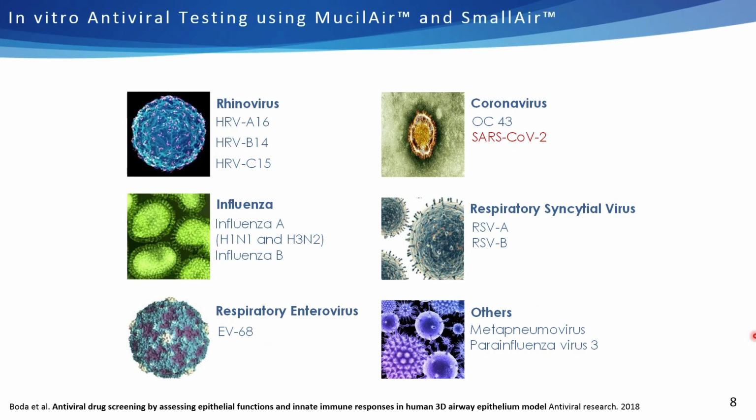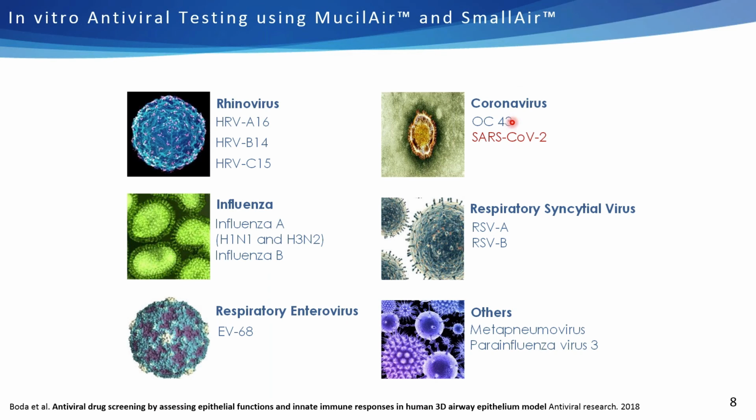So these models have been extensively used within the past 15 years for antiviral research, in the context of modeling, for example, the effect of rhinoviruses, influenza, but also enteroviruses and respiratory syncytial virus models, and they have also been used for modeling metapneumovirus and parainfluenza.